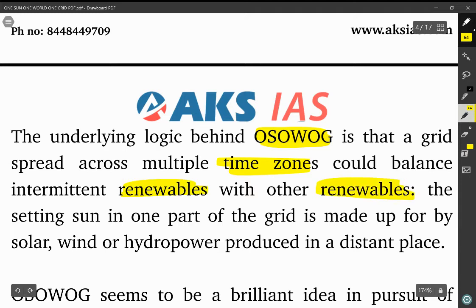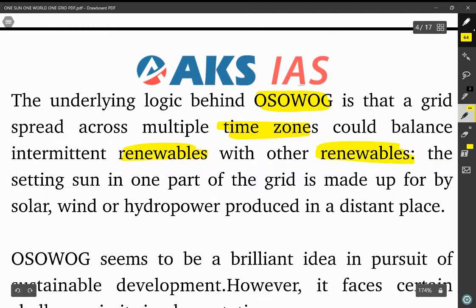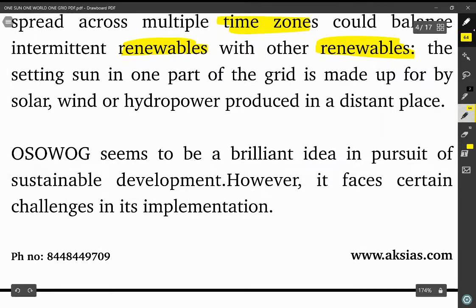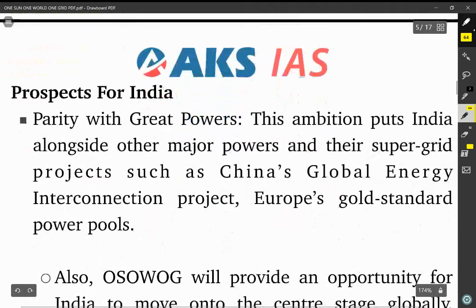The setting sun in one part of the grid is made up for by solar, wind, or hydropower produced in a distant place. So, this OSOWOG seems to be a brilliant idea in the pursuit of sustainable development. However, it faces certain challenges in its implementation. What are they? And what are the prospects for India in this initiative?